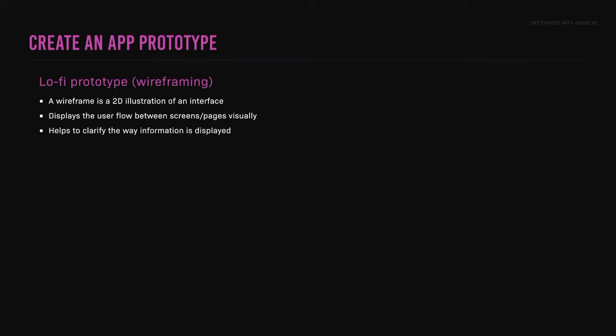So with our user flow completed, next we'll move on to the wireframing step in our app design process. This is also known as lo-fi prototyping. So a wireframe is a 2D illustration of an interface. It displays the user flow between screens and pages visually and helps to clarify the way information is displayed, as well as determine the function of UI elements.